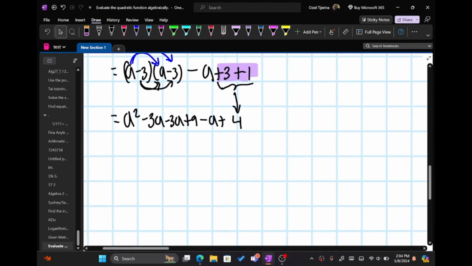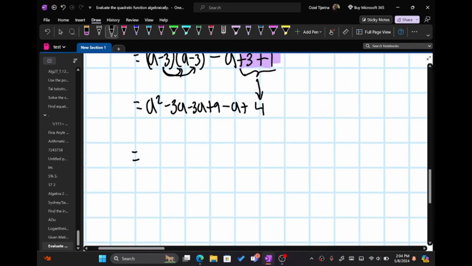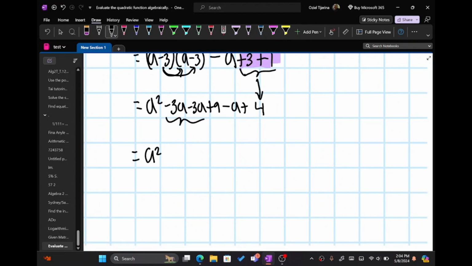Now we're just going to simplify this. We get a squared, and negative 3a minus 3a is negative 6a. And then minus a, and then plus, we put 9 plus 4, which is plus 13.